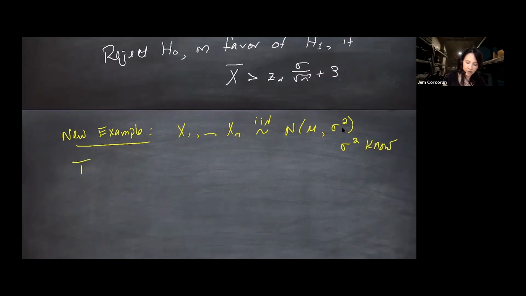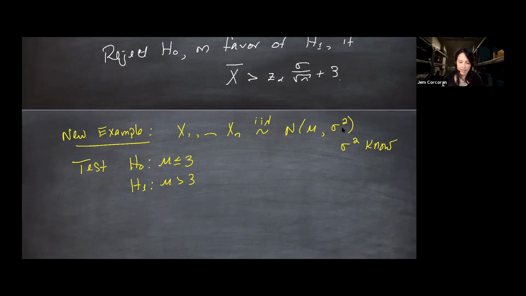And suppose I want to test the null hypothesis that mu is less than or equal to 3 versus the alternative that mu is greater than 3.